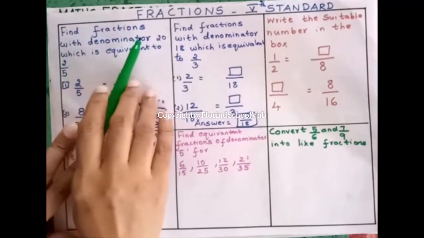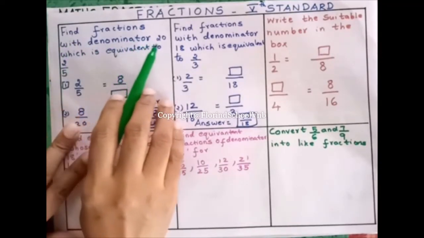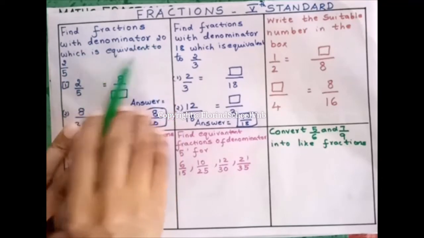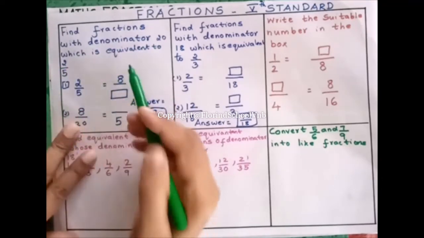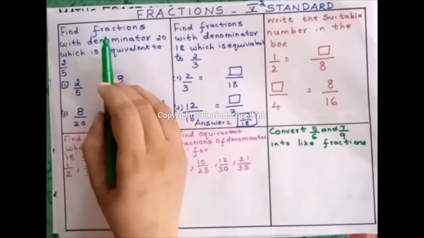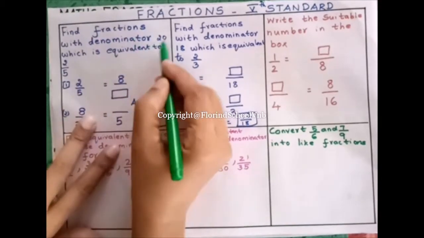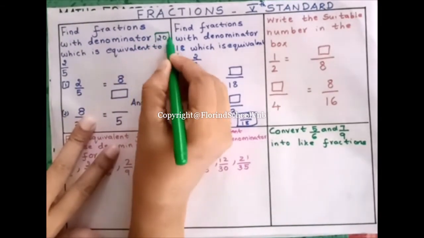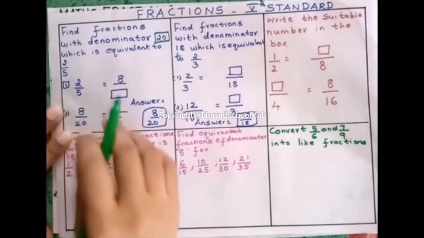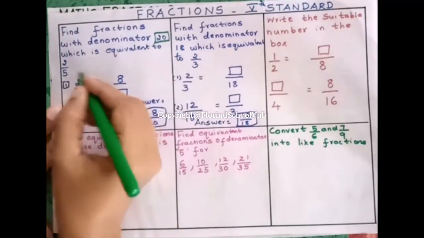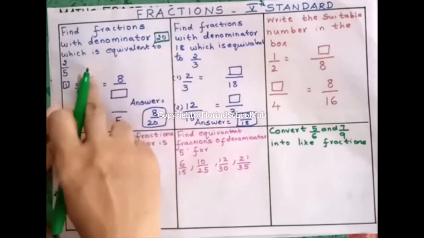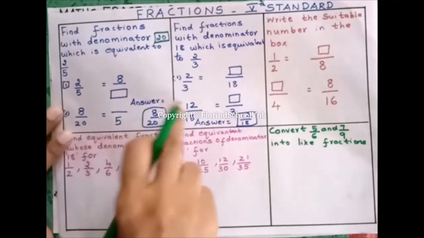Find fractions with denominator 20 which is equivalent to 2 by 5. What is the question? We have to find fractions whose denominator should be 20 and which is equivalent to 2 by 5.